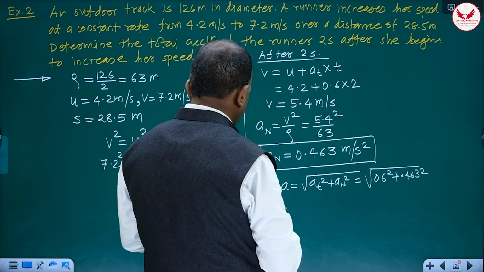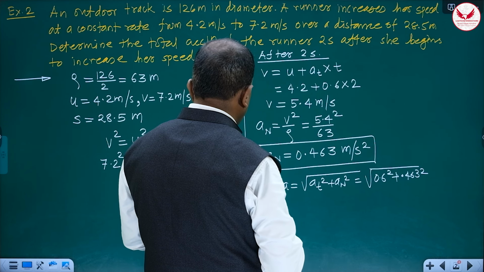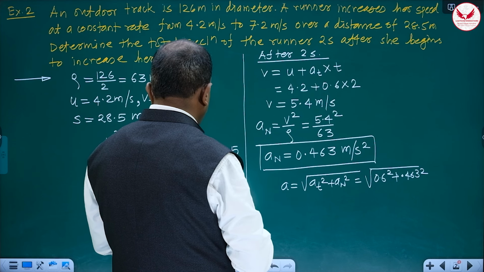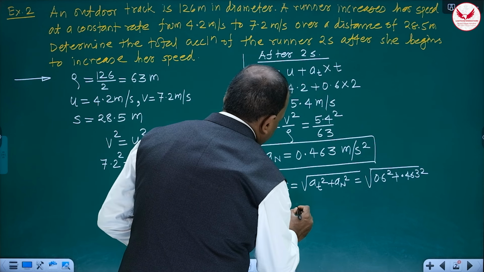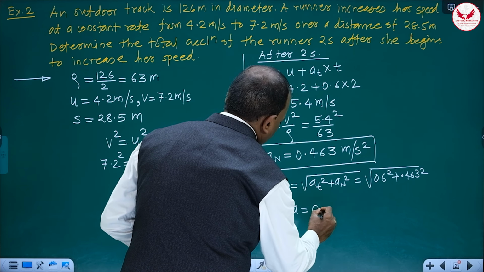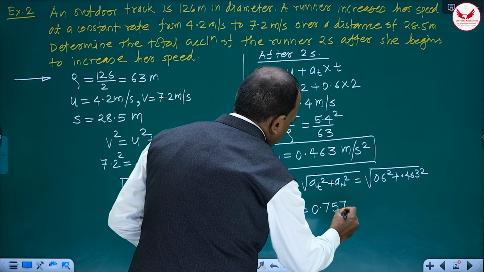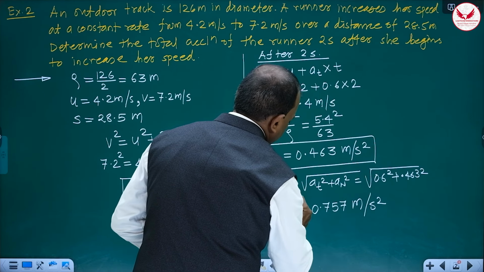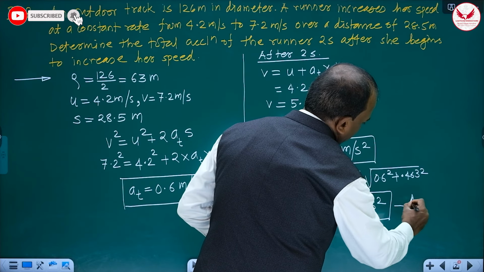So it is 0.6 square plus 0.574. The answer is A is going to be 0.757 meters per second square. This is the answer, whatever is required.